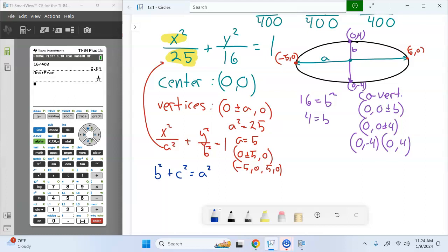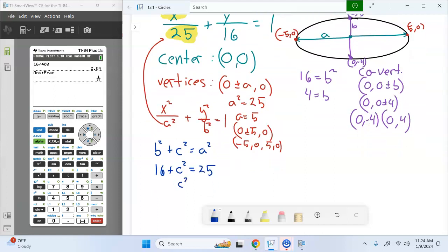Just remember, A is always the biggest. A has to be the biggest. So we need to solve for C. Well, what's B squared? 16. It's right there in the formula. We don't know C squared. What's A squared? So we get 9 for C squared. So what does C equal? 3. So our C value is 3.